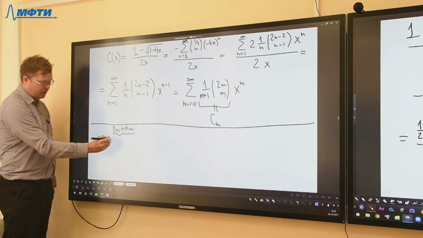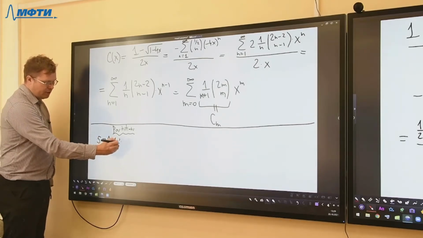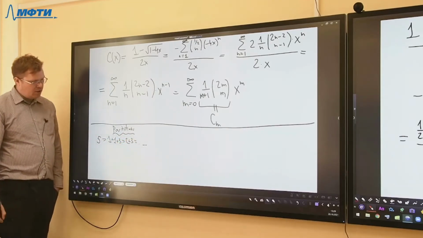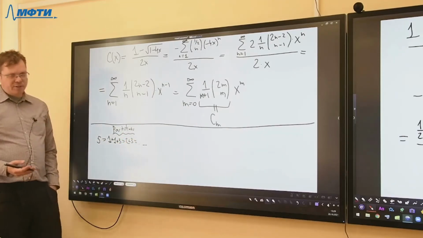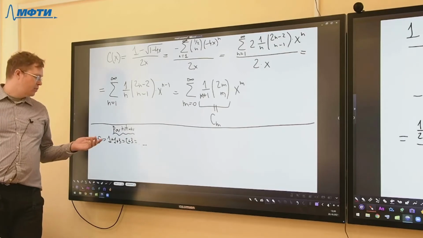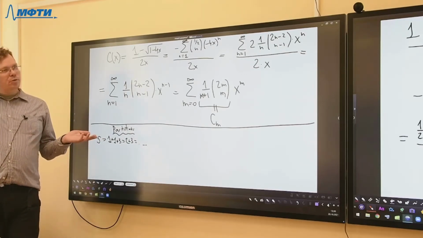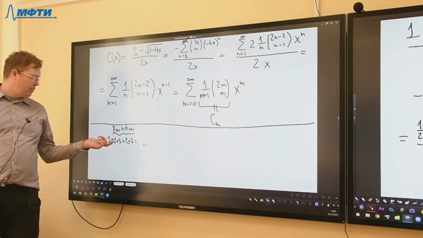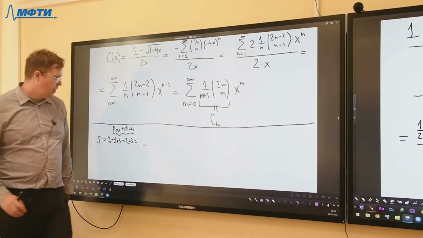For example, we have 1 plus 1 plus 3, 2 plus 3, and so on. So there are many questions. Do we care about the order? Which type of parts can we choose, and so on?